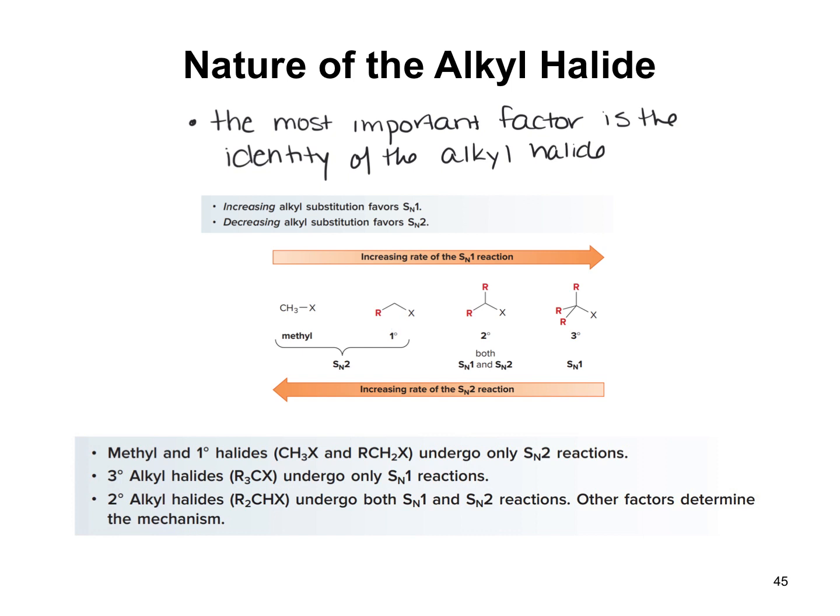So when we are trying to make decisions, if something is tertiary, it is going to go through an SN1. That's it. If something is a methyl or primary, it's going to go through an SN2. That's it. Now, the secondary is where we have to dig a little deeper, because a secondary can go through both SN1 and SN2.